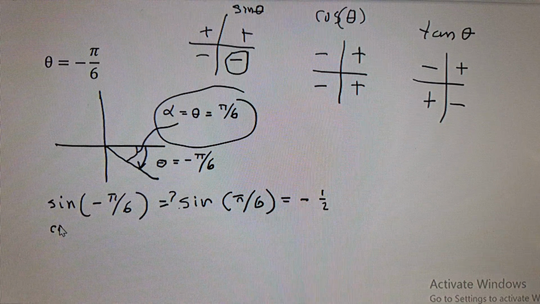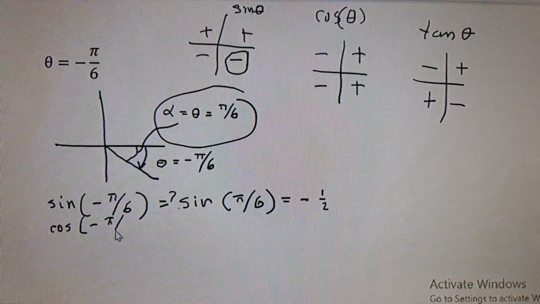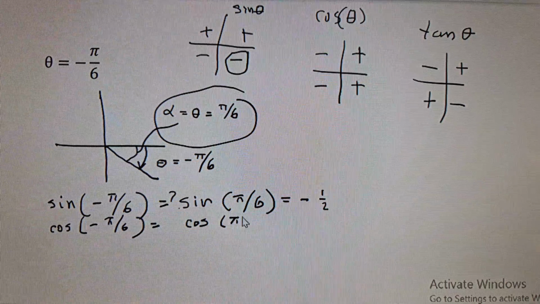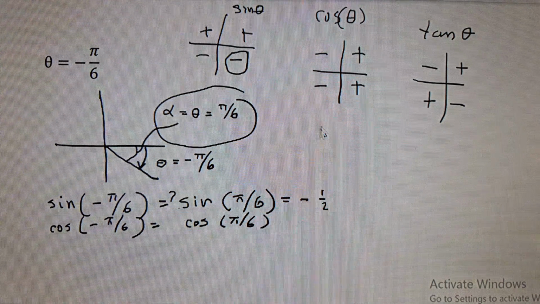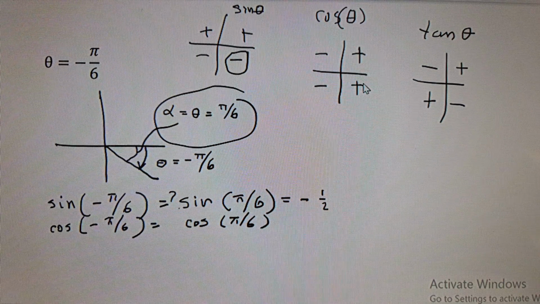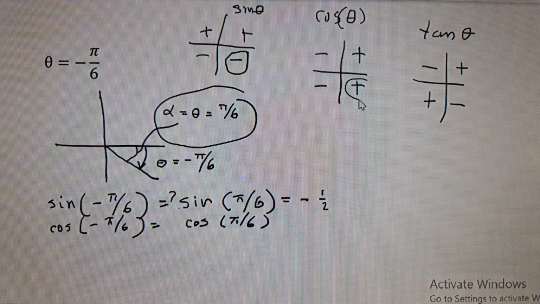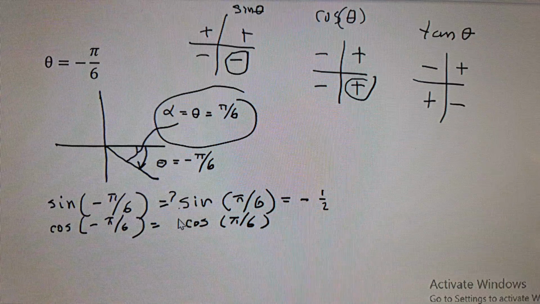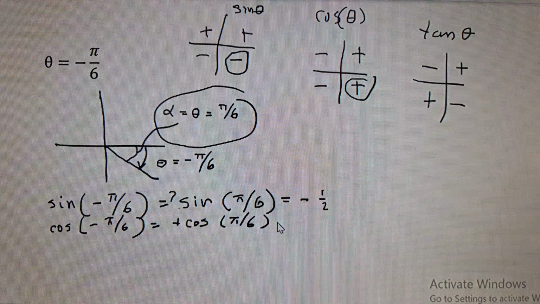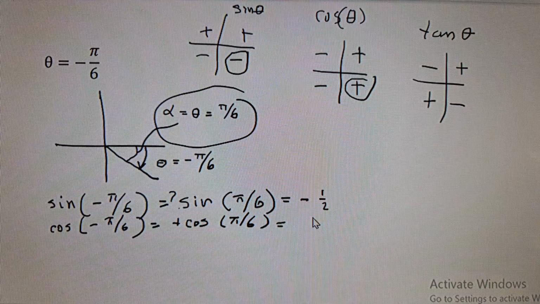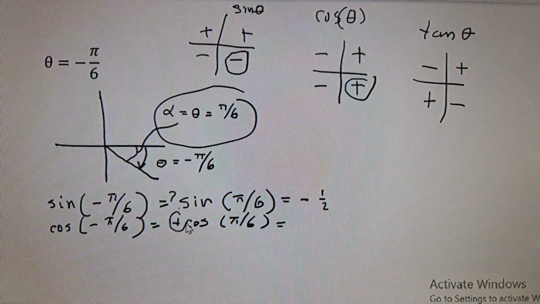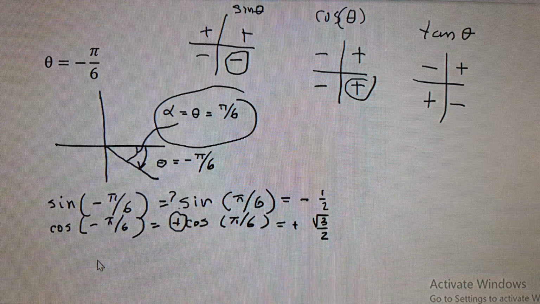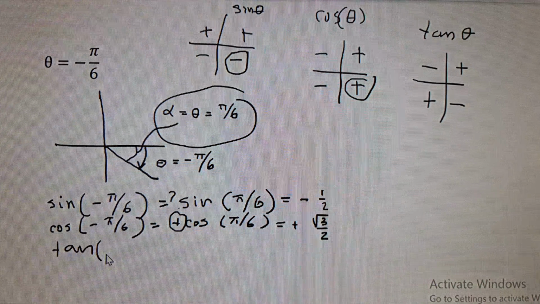So the cosine of minus pi over 6 is going to be equal to the cosine of pi over 6. Once again, we are in the fourth quadrant, aren't we? So that's going to be positive. What's the cosine of pi over 6? It's going to be positive square root of 3 over 2. How about the tangent of minus pi over 6?